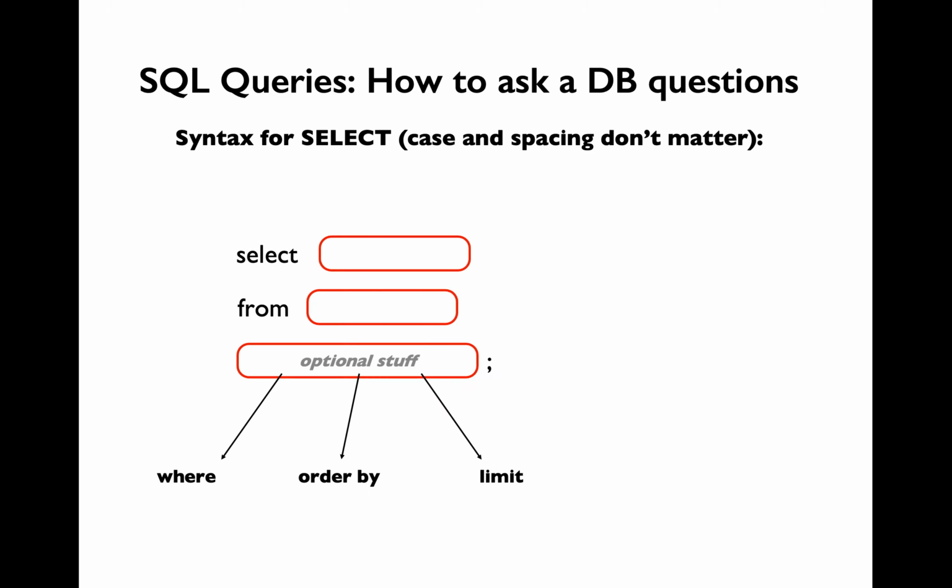Let's talk about the optional stuff. We have already discussed where and limit. Order by just enables us to order the rows within the return value of the query using a specific column's ordering value. It's just sorting.